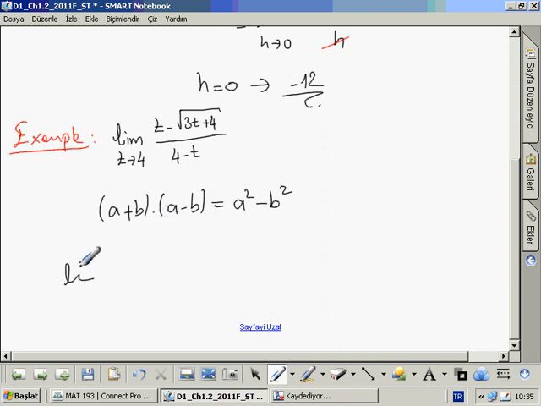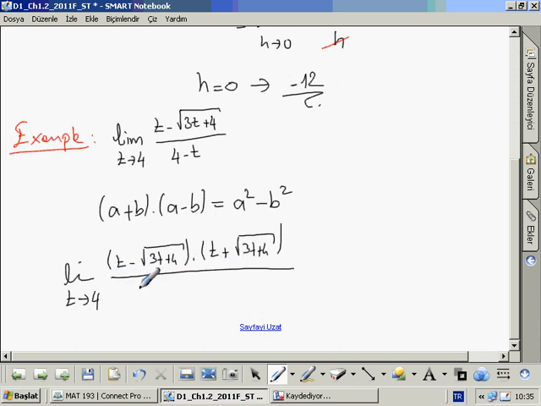The limit as t goes to 4 of (t minus the square root of 3t plus 4) times (t plus the square root of 3t plus 4) over (4 minus t) times (t plus the square root of 3t plus 4).